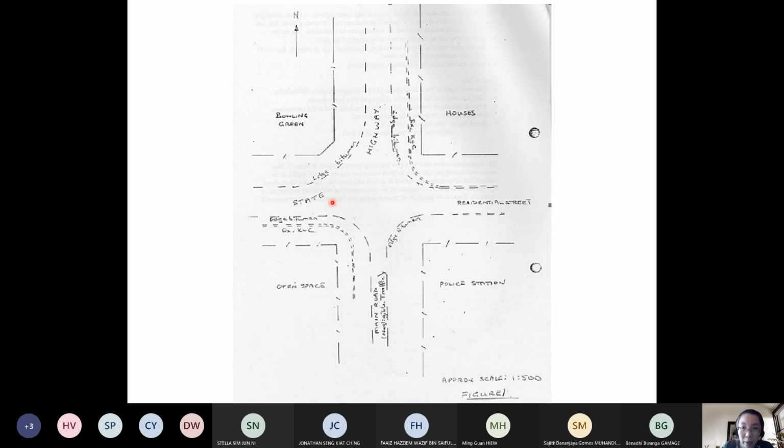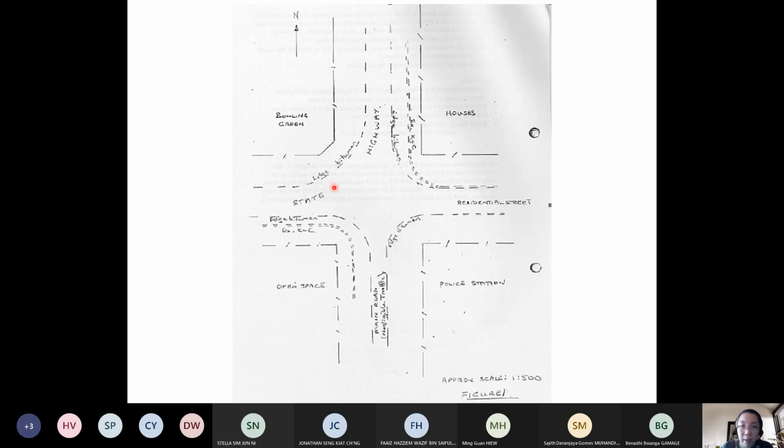As they go through this intersection, priority goes to these two movements and they are safe, as well as other users are safe. So how are you going to channelize those two movements into these two state highways?